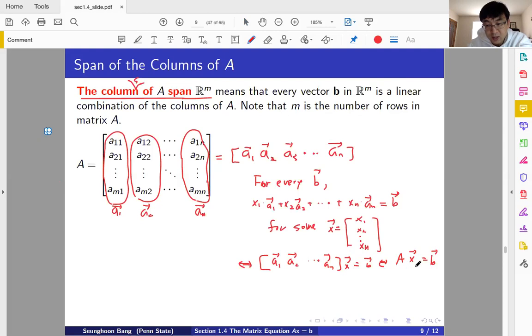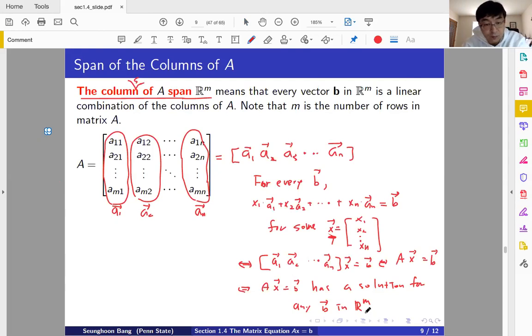So the exact meaning is that Ax equals b has a solution for any vector b in Rm.